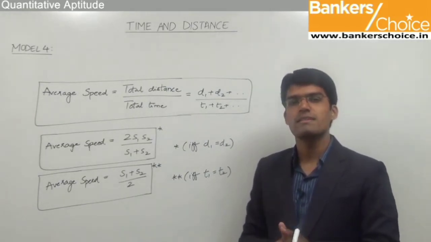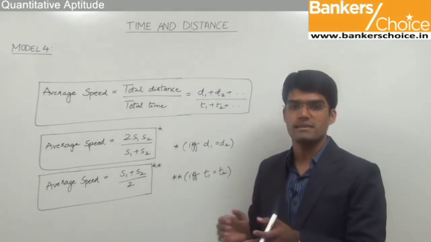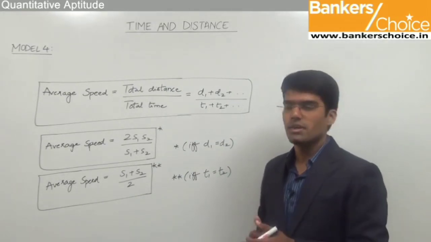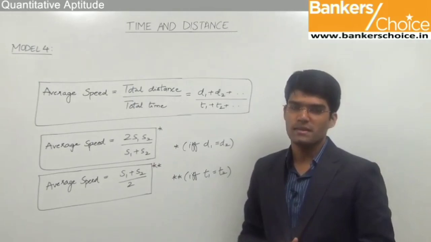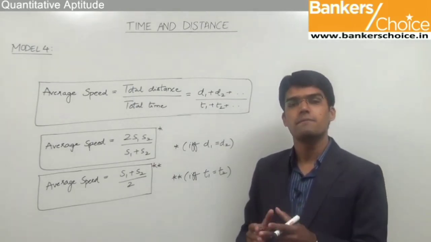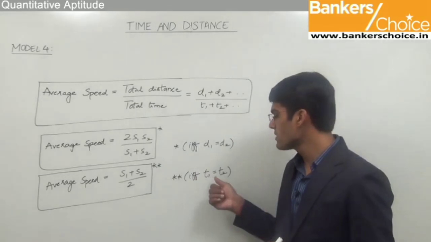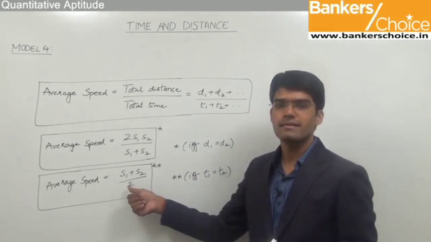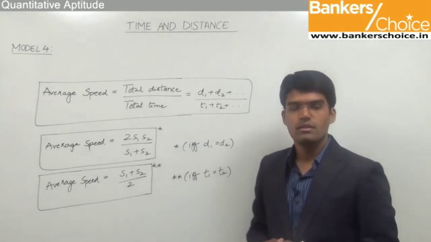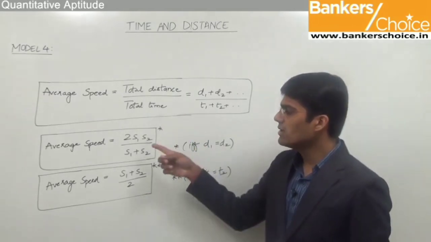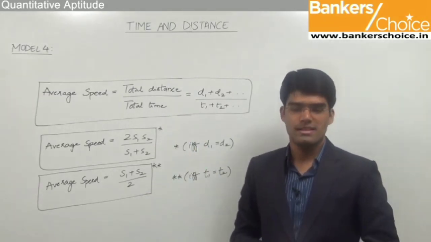But if the total distance has been covered in equal parts, that is d1 equals d2, then we can take it as 2s1 s2 by s1 plus s2. And if the total distance is covered in equal time intervals, that is t1 equals t2, then the average speed can be taken as s1 plus s2 by 2. So based on the given question, you can use any of these three formulae to get the required answer.